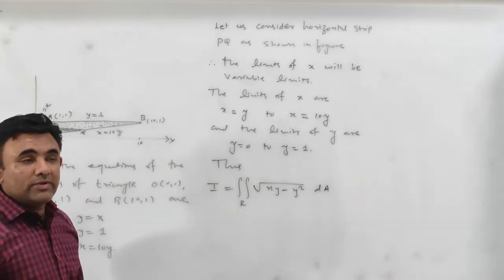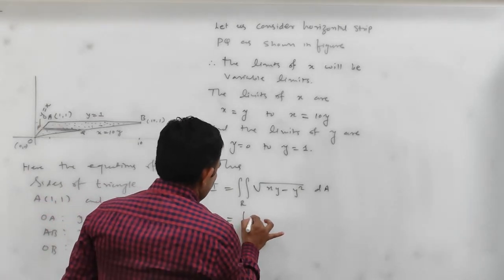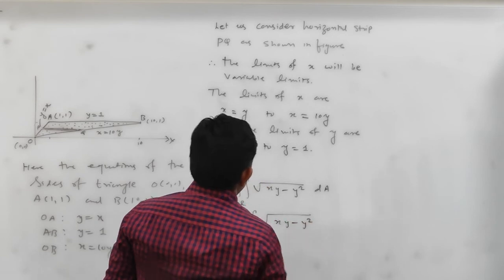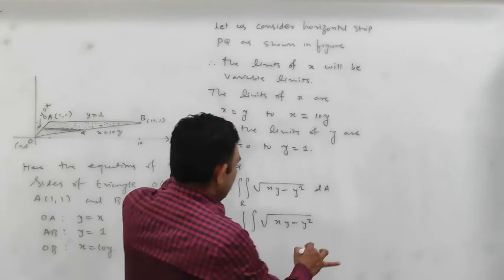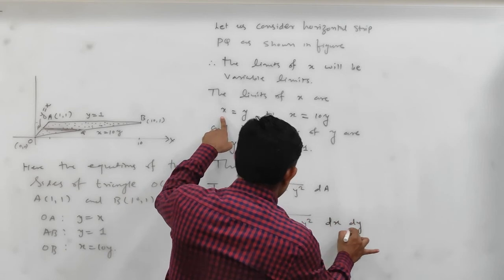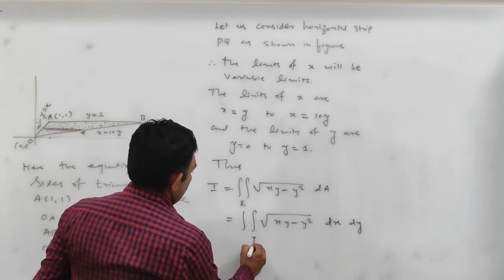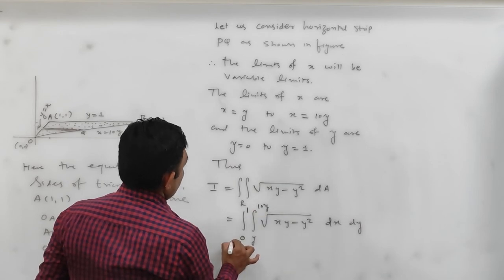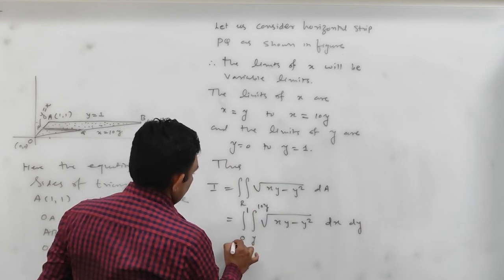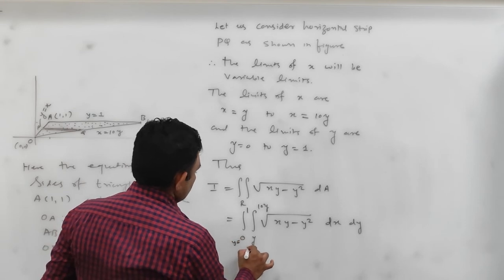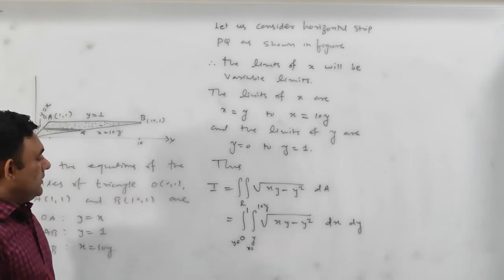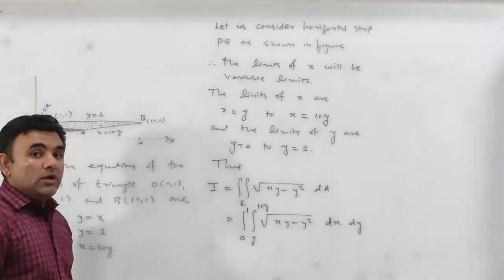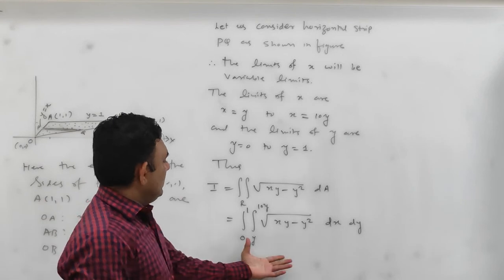Our limit of x is variable, so first dx then dy, and limits of x are y to 10y, and limits of y are 0 to 1. Okay, fine. So now our job is just to evaluate this integration.